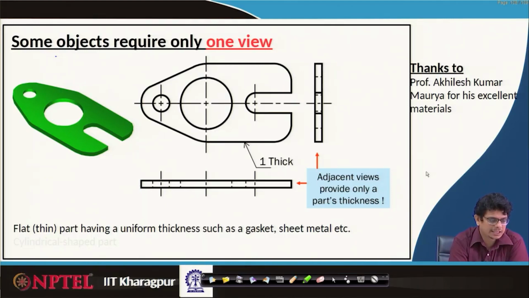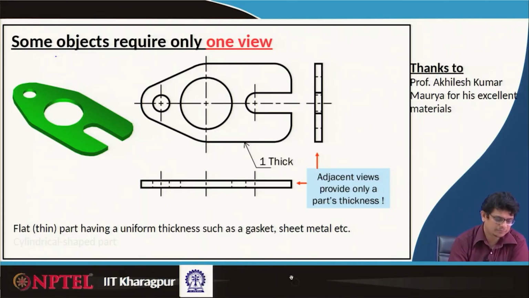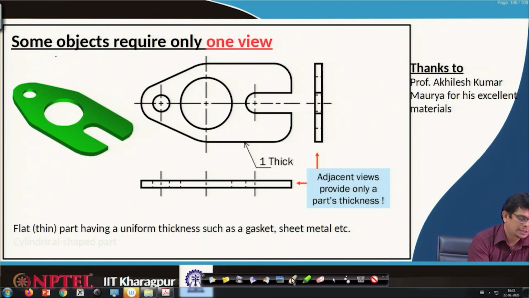Let us look at this gasket. The metallic part has very small dimensions in terms of thickness. This is the thickness, very small.